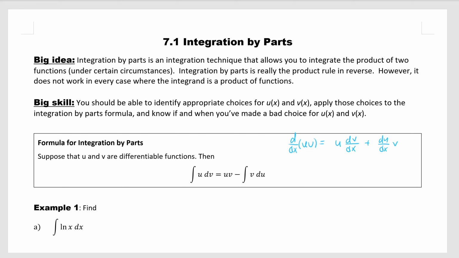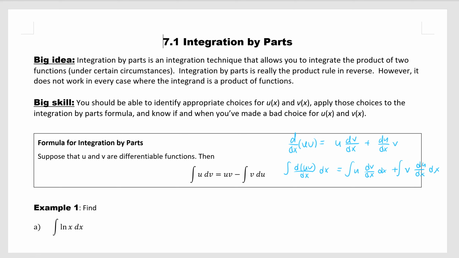This is the product rule. Okay, now I'm gonna integrate both sides with respect to x. So integral of, okay, let me copy it down. u dv dx plus du. Okay, I'm gonna put the v in front.